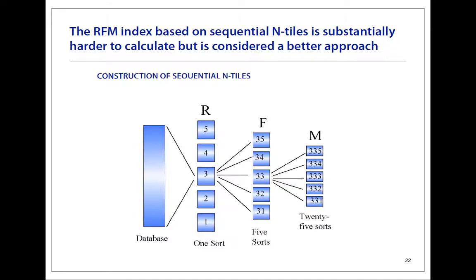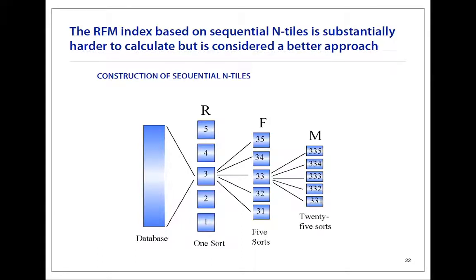Then among those people within the same recency group, we rank them from 1 through 5 using the frequency measure, the second best predictor. And then within those people who are in the same RF group, we use the measure with the least predictive power to rank customers from 1 through 5.